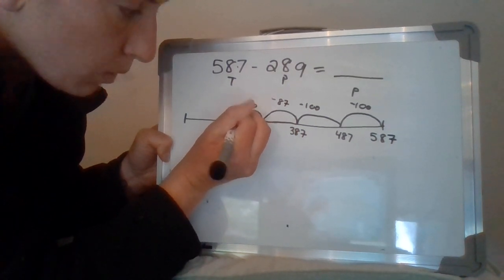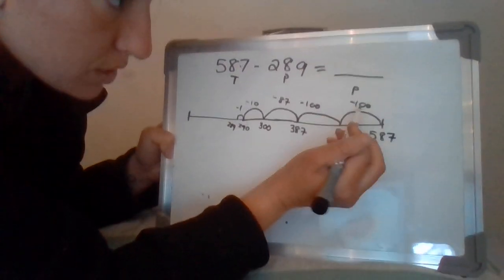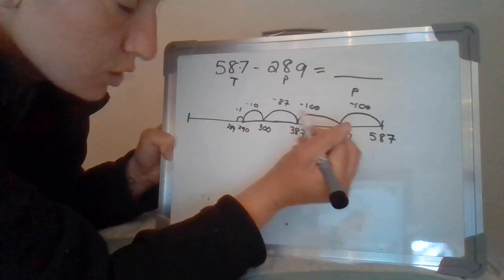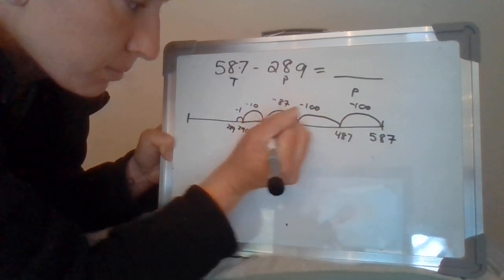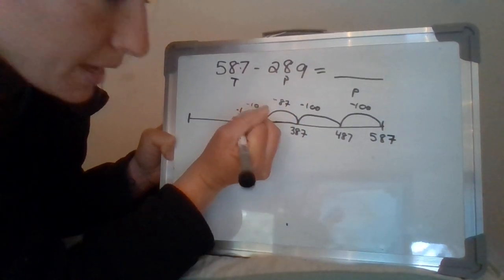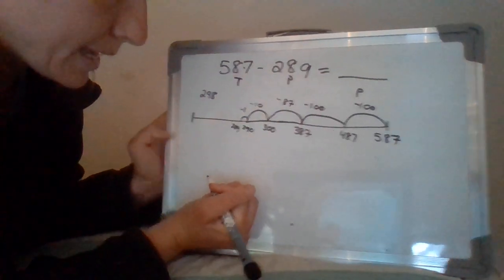And then minus one more, to get to 289. So then all I have to do is count up these. 100 plus 100 is 200. 200 plus 87 is 287. 287 plus 10 is 297. And 297 plus 1 is 298. So my answer would be 298.